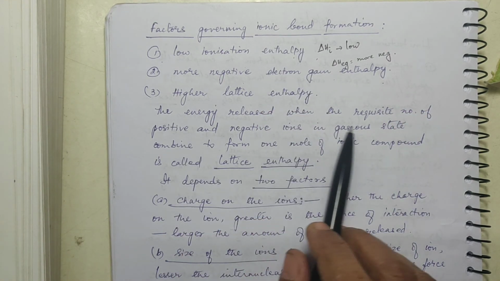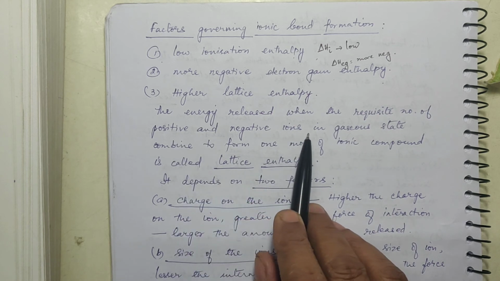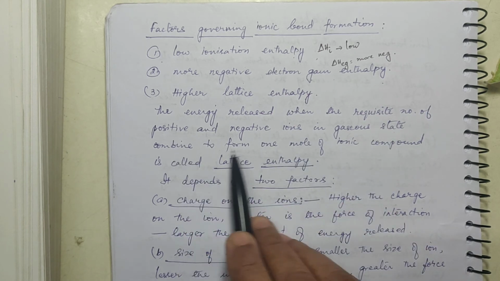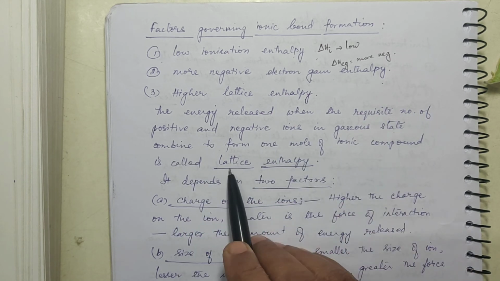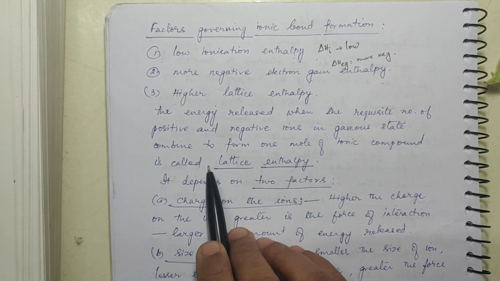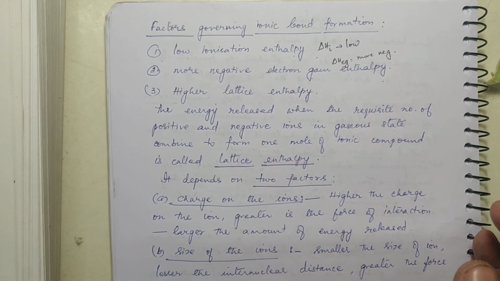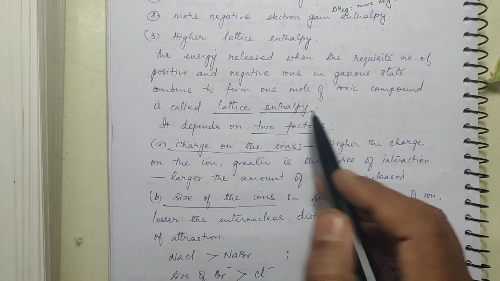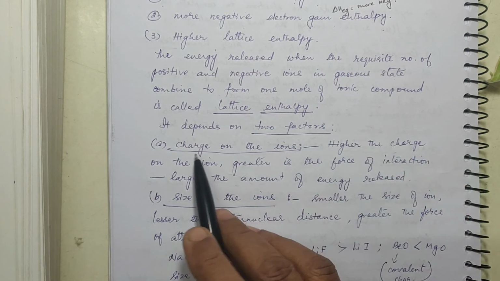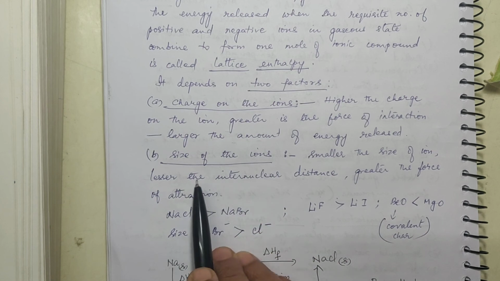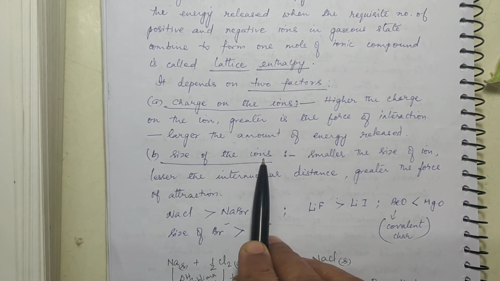So, the energy released when the requisite number of positive and negative ions in gaseous state combine to form 1 mole of ionic compound is called lattice enthalpy. That is lattice formation enthalpy. Now, this is based on 2 factors. What are the 2 factors? Charge on the ions and size of the ions.